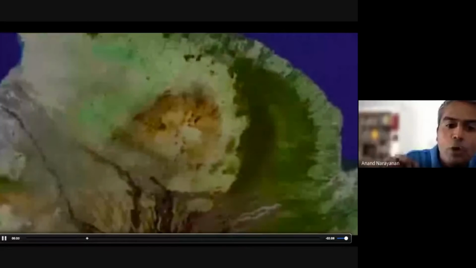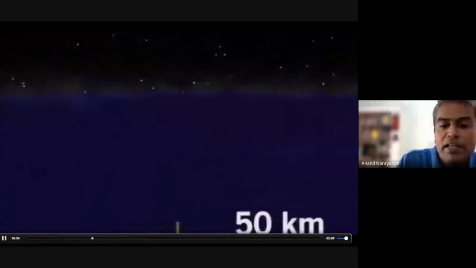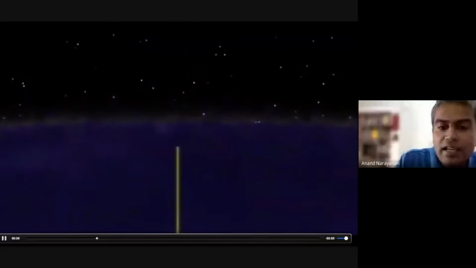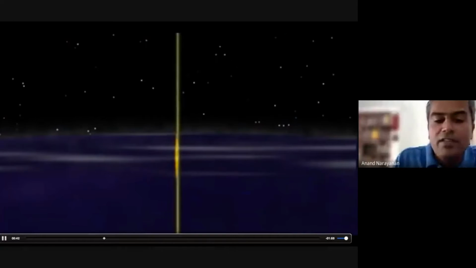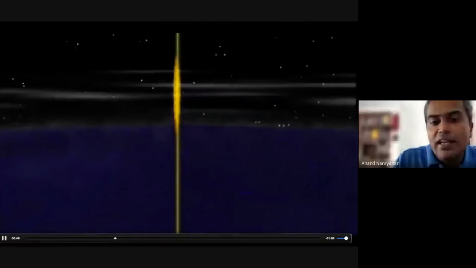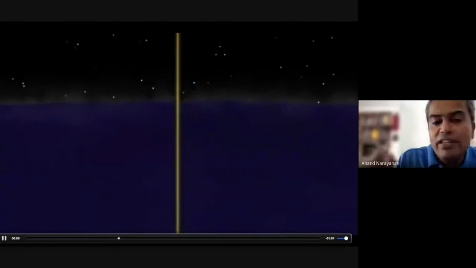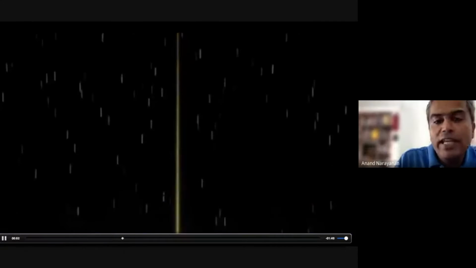It's a very coherent beam because it's a laser beam. And at about 90 kilometers, you have the sodium layer. The sodium atoms get excited. They start glowing. So when you look at this glowing region from the ground, it looks like an artificial star.